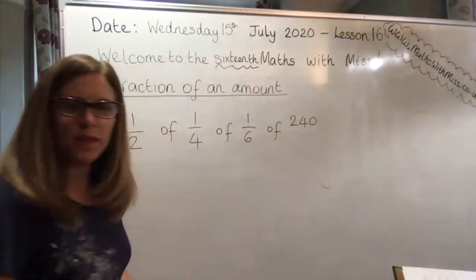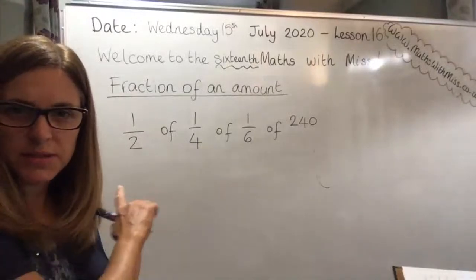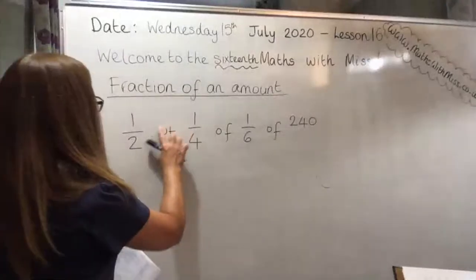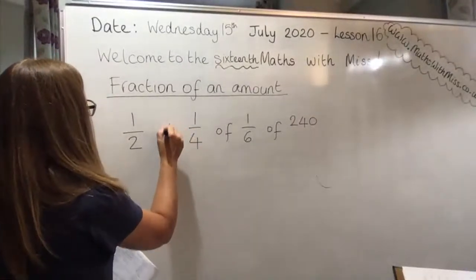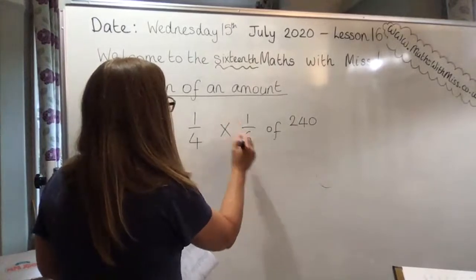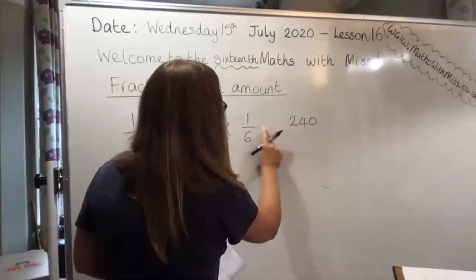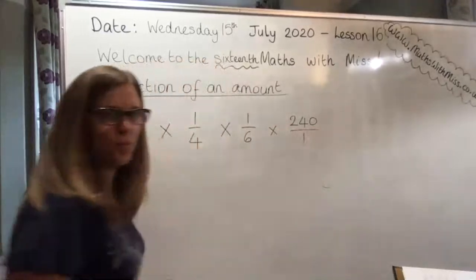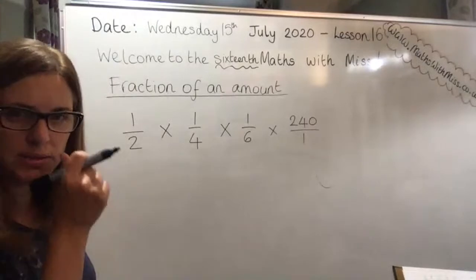Now what I'm going to do is turn all those 'ofs' into multiplication signs. So I've got 1/2 multiplied by 1/4 multiplied by 1/6 multiplied by 240, and I'm going to put that over 1 just to make sure I don't make any mistakes.